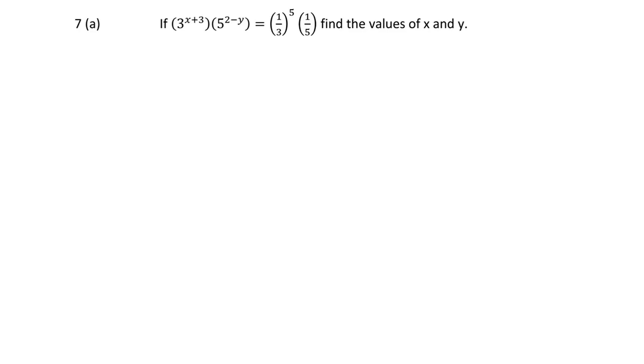Then our equation is going to be, in brackets, 3 power x plus 3, in brackets, 5 power 2 minus y equals, in brackets, 3 power negative 5, in brackets, 5 power negative 1.